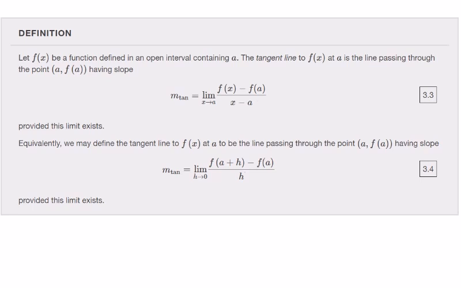And the same thing here, except when those values get super close, if we use this representation, then we're saying that, hey, this denominator is getting super, super close to zero, right? This output is getting super, super close to this output. All right, so this is the definition of the slope of a tangent line using limits and our difference quotient.